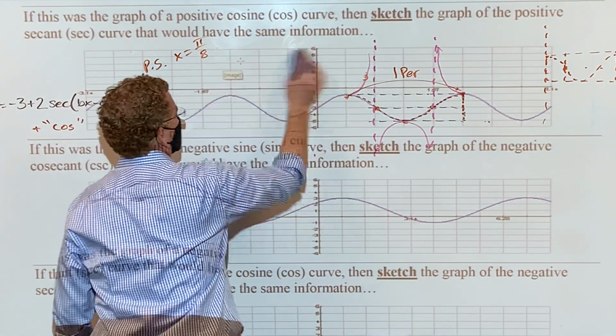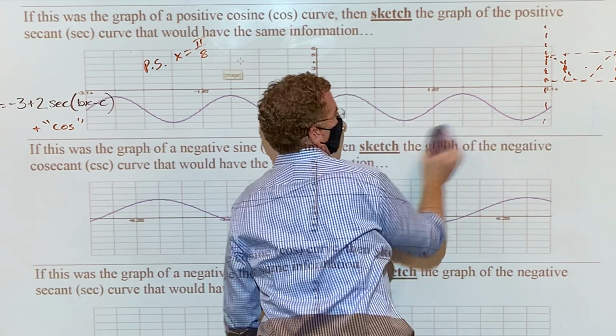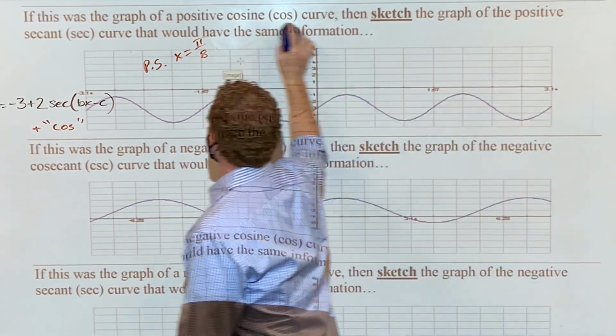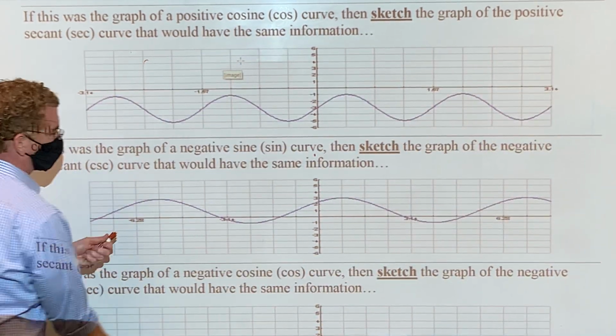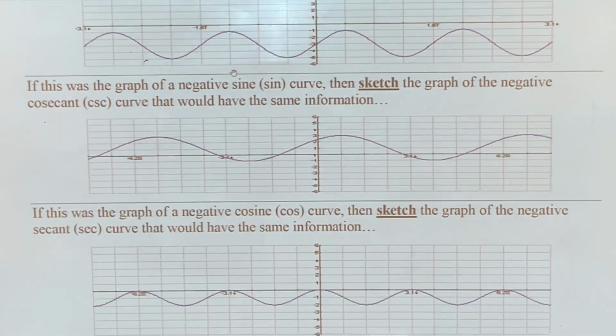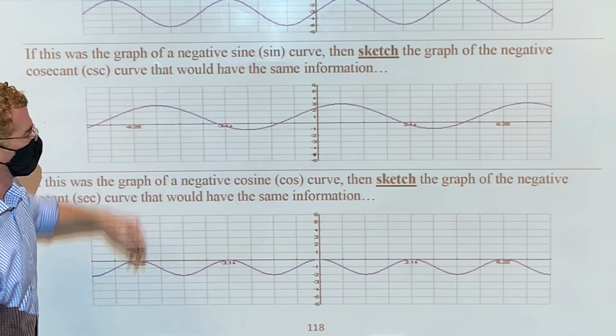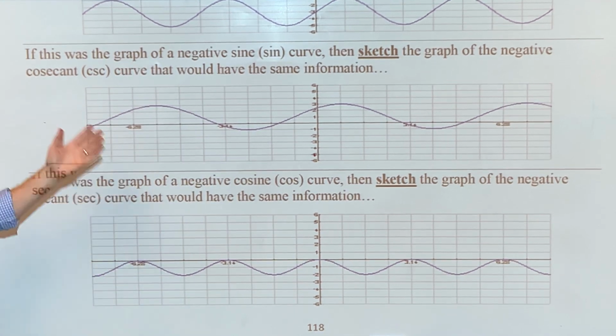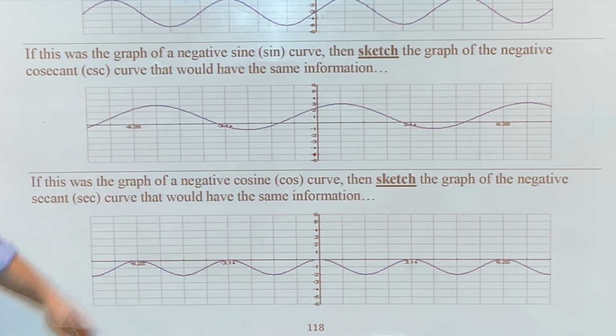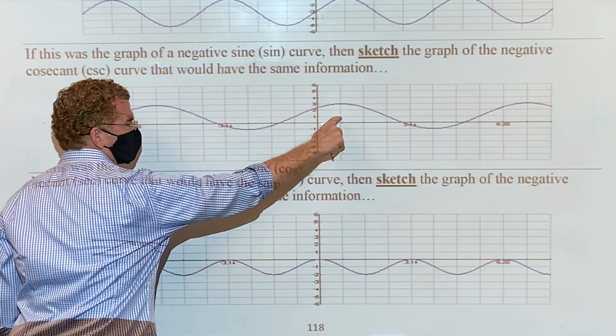What if I gave you a negative? And by the way, I'm really doing more than you need to. Like if I had given you this on a test, if I asked you to sketch the cosecant curve, does it really even matter whether I tell you it's a negative sign or a positive sign? No, because every one of these you're going to go, where was the D? Right here in the middle?